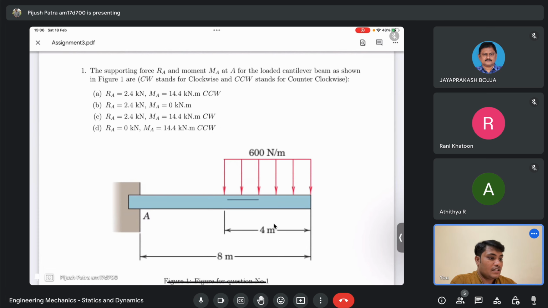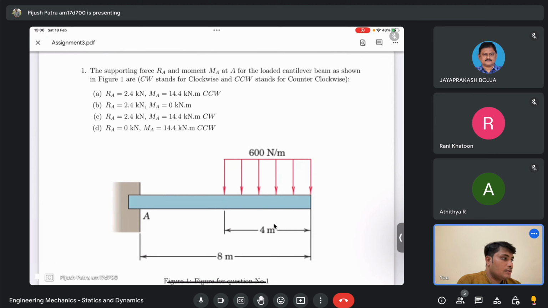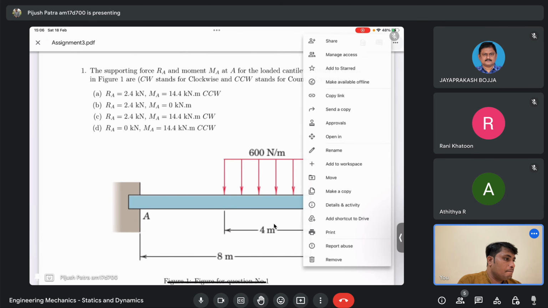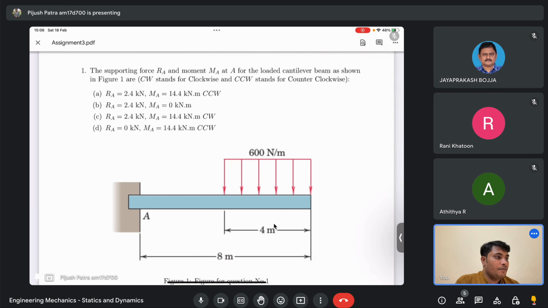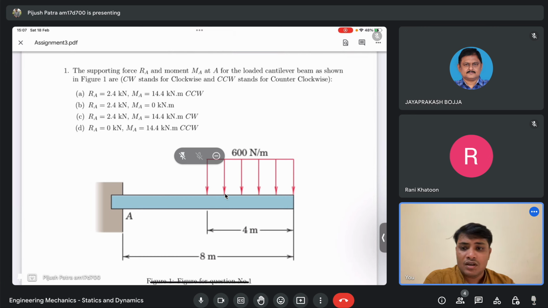So what it says is that there is a cantilever beam, and A is the point where you have the support.